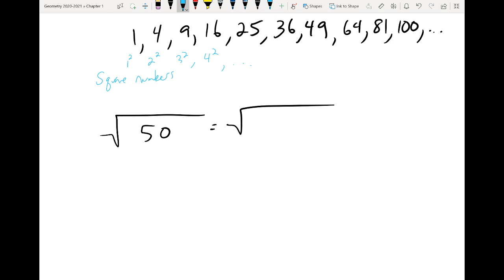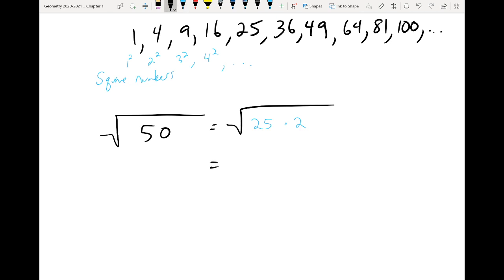If you think about even numbers, 2 is always going to be a factor. So if we take that number divided by 2, half of it is going to be the largest whole number factor that we're going to have. So in this case, 50 divided by 2 is 25. And we have 25 times 2, right?